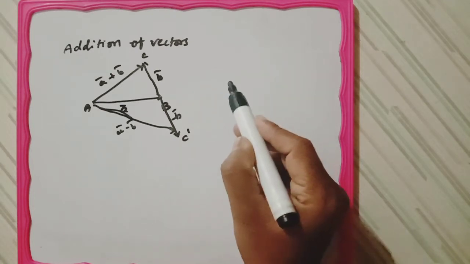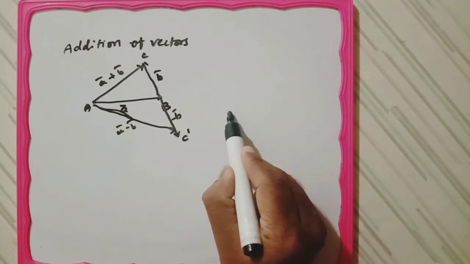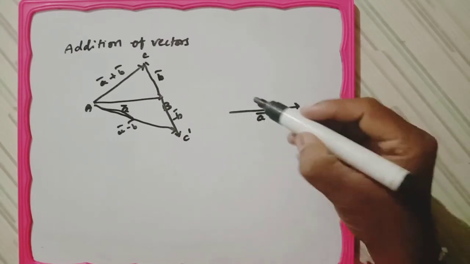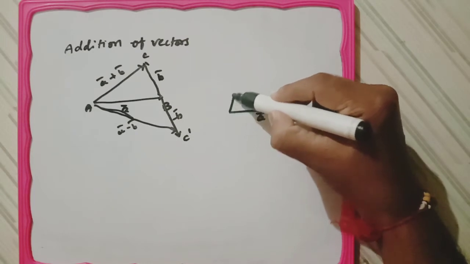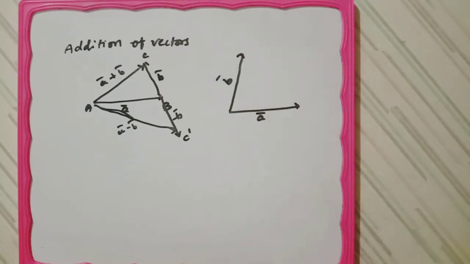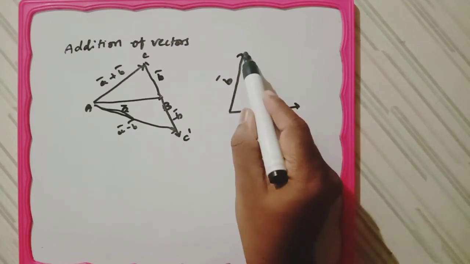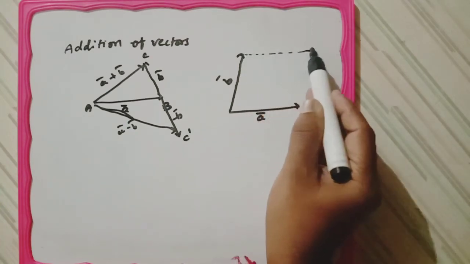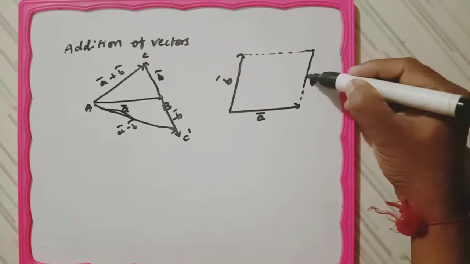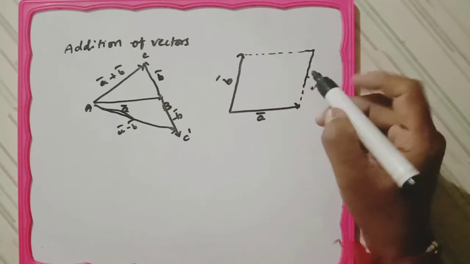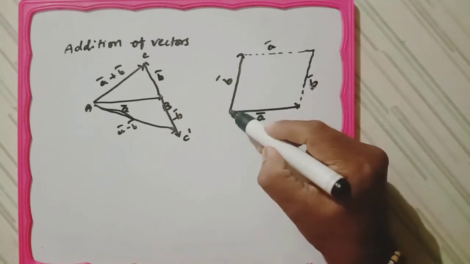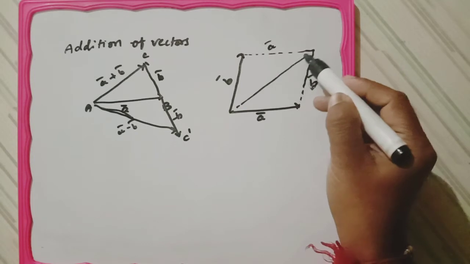Now suppose two vectors, A bar and B bar, represent the adjacent sides of a parallelogram, and we draw it like this with two sides. Then the opposite vectors are equal, so this will be B bar and this will be A bar, and then we draw the diagonal.